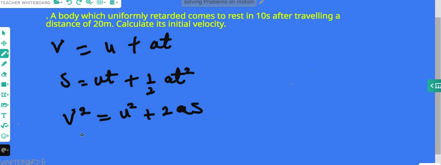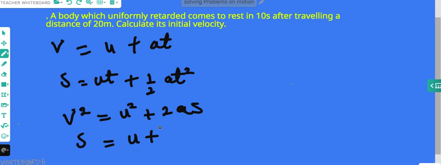Then the fourth one is s equals (u plus v) all over 2, outside t. These are the equations where v is the final velocity, u is initial velocity, a is acceleration, t is time, and s is distance.